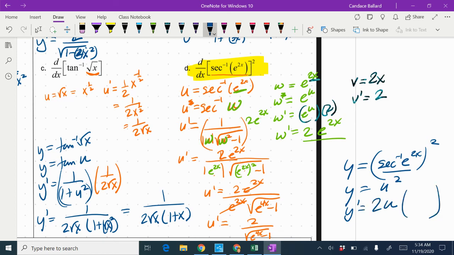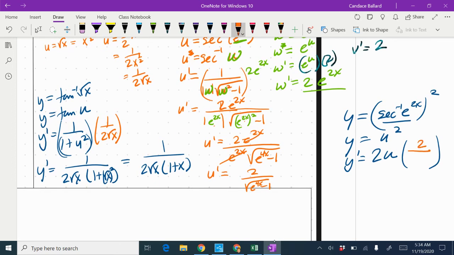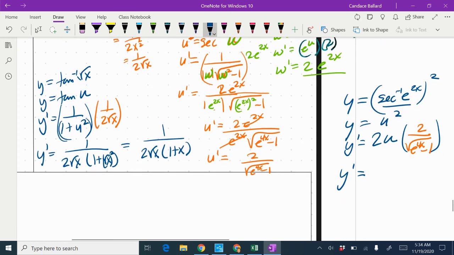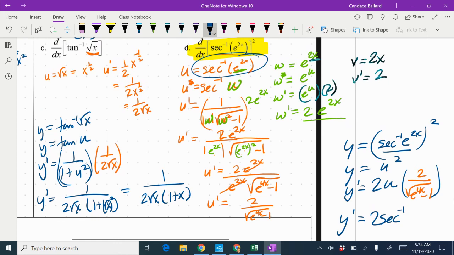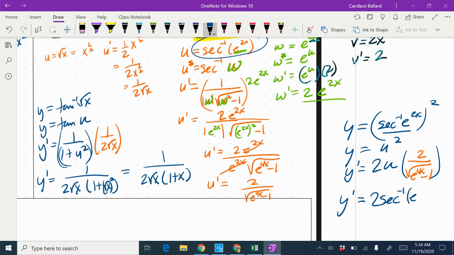I'm going to multiply that by the derivative of the inside, which was the mess that we found, which was 2 over the square root of e to the 4x minus 1. And now we need to replace the u. So y prime equals the original u we had, which is way back up here. So 2 secant inverse of e to the 2x.